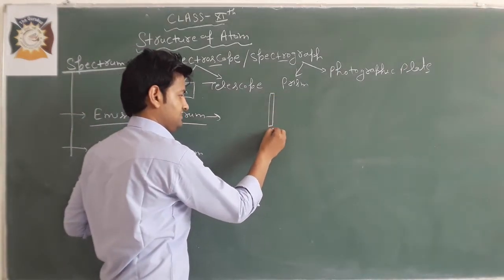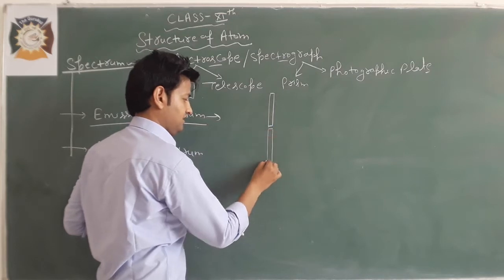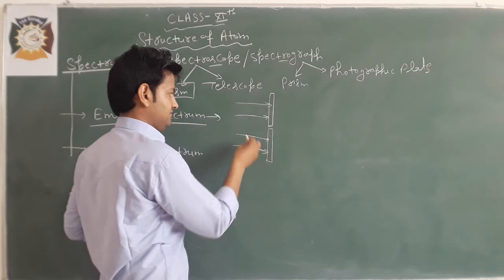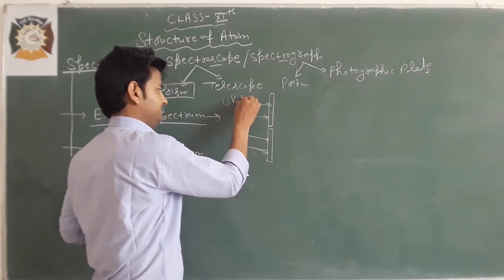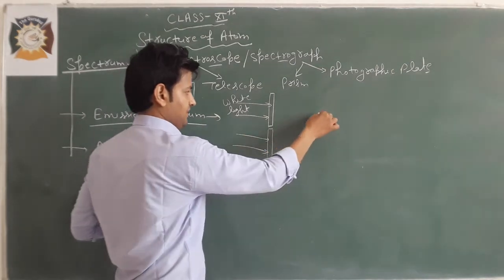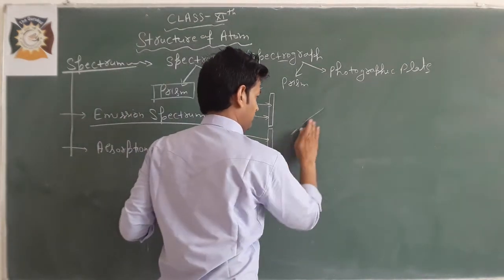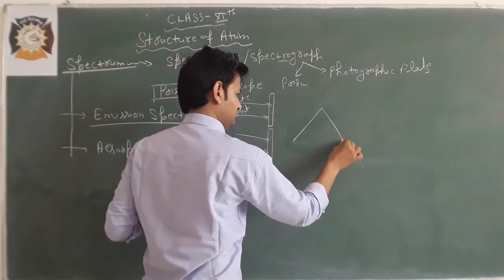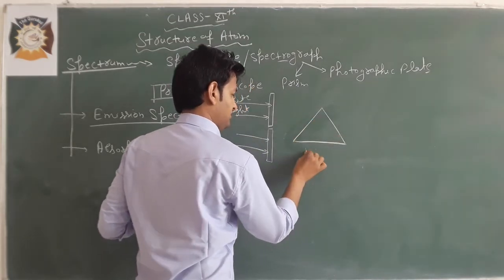This is our slit through which radiations are passed. This is our white light radiation. White light is passed through the slit to obtain a fine beam, then it is passed through the prism. This is our prism.